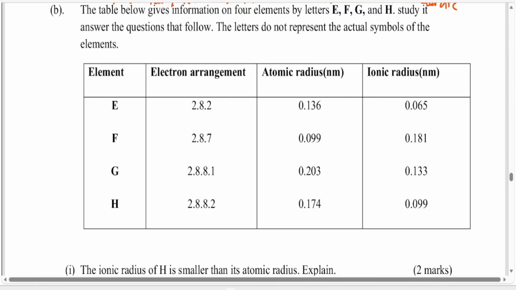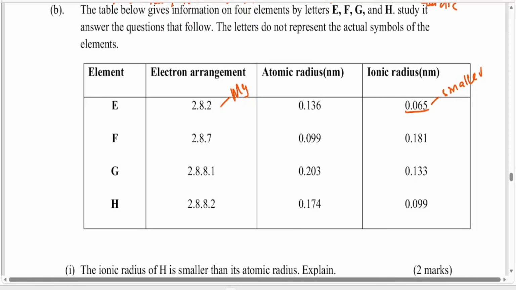Looking at the elements that we have, E has an electron configuration of 2, 8, 2, and this is magnesium in the periodic table. We need to have the real name for this particular element. Its atomic radius is 0.136. Its ionic radius is 0.065. So you realize that the ionic radius is smaller than its atomic radius.